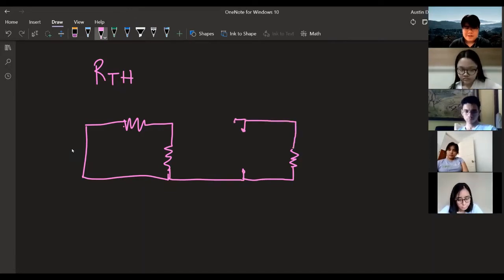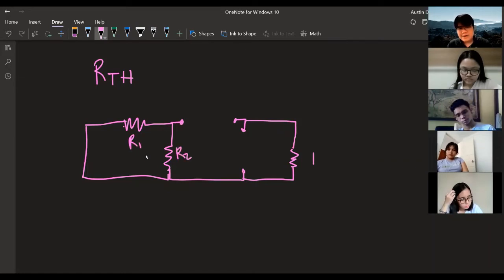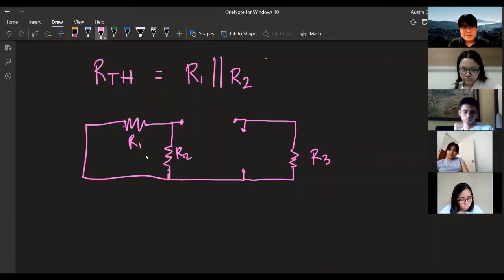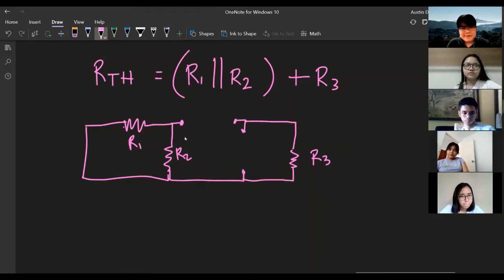Okay, so this is R1, R2, R3, and this is just R1 parallel with R2. Then this whole thing is in series with R3. Okay? So that's my effective resistance or my RTH.